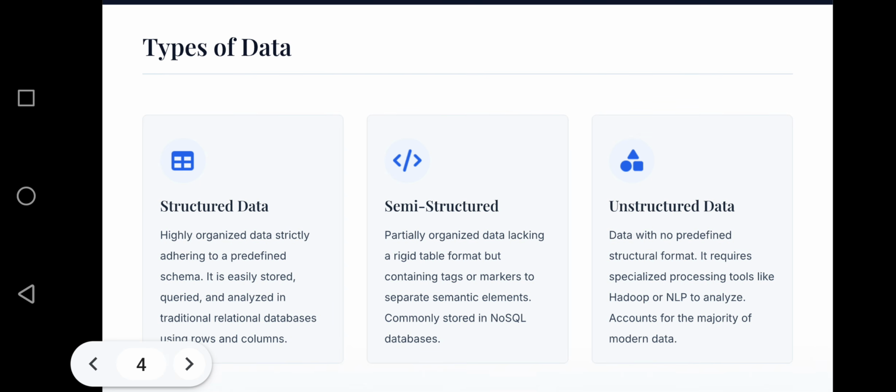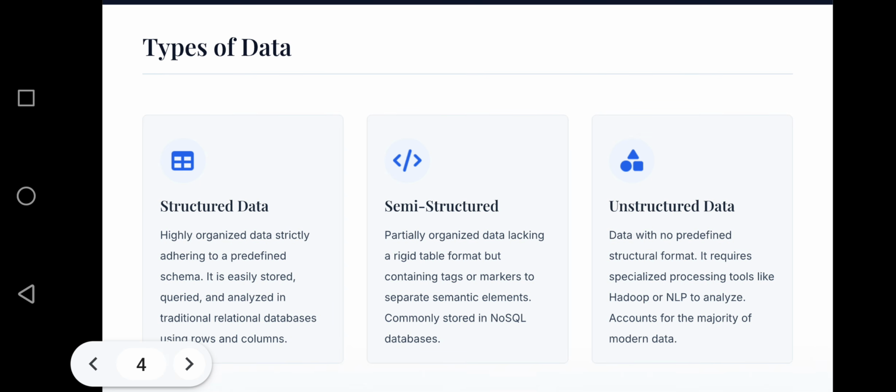We want to know what types of data are available for users. Next topic we are going to discuss is types of data.